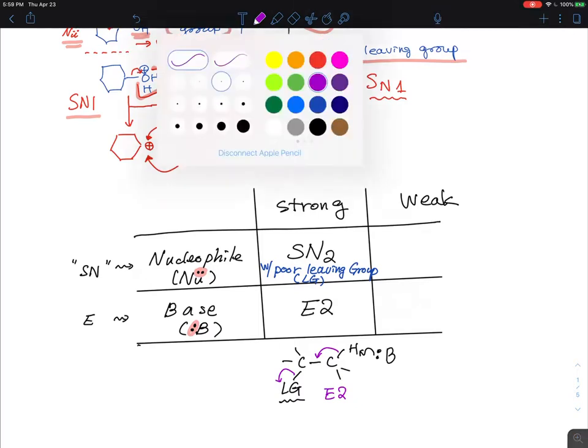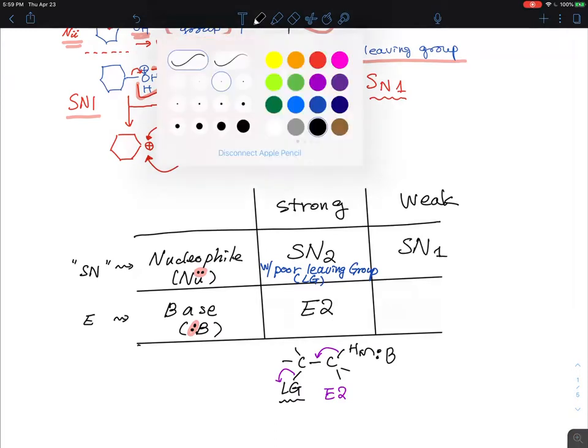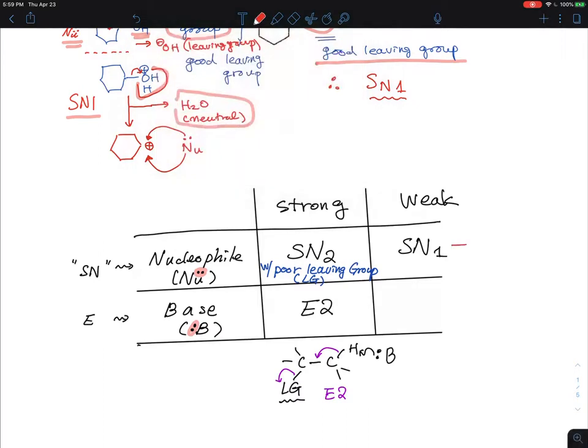But what if your nucleophile is weak? When your nucleophile is weak, you're going to have an SN1. The nucleophile, or here the base, has to wait until the leaving group leaves.